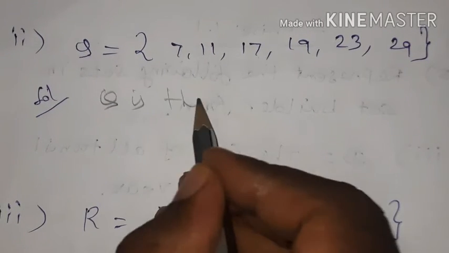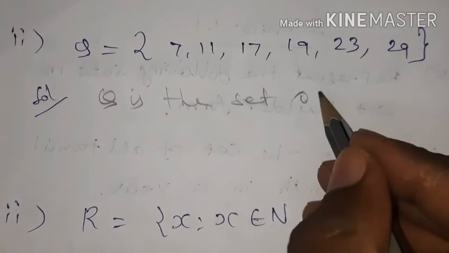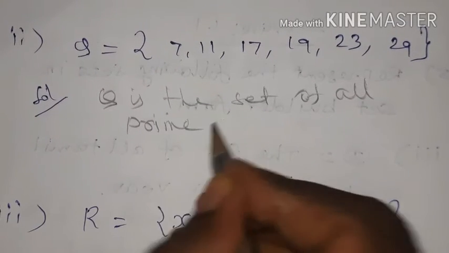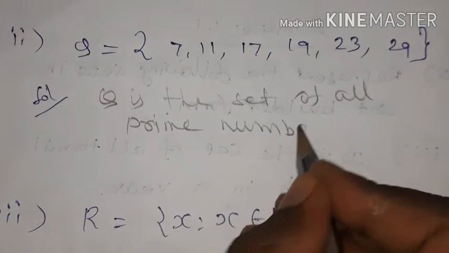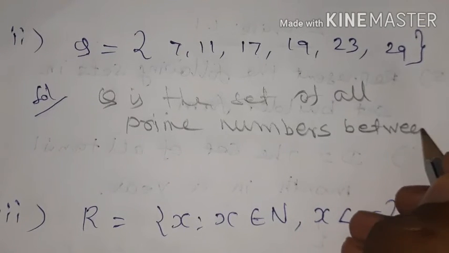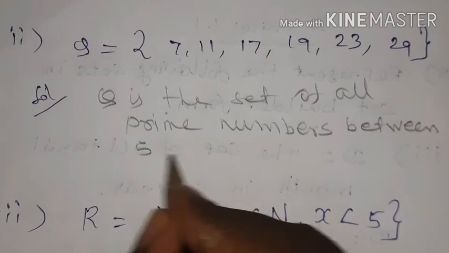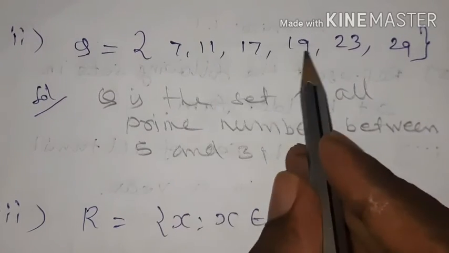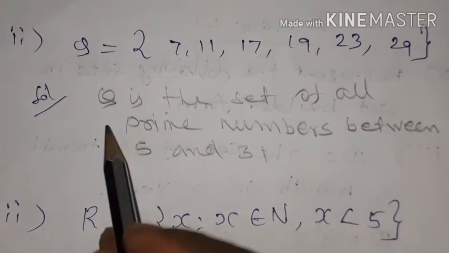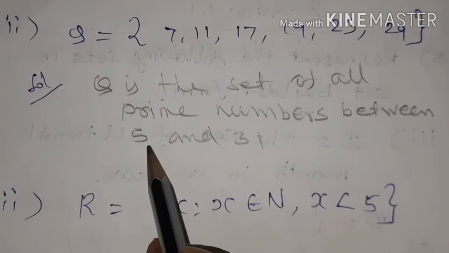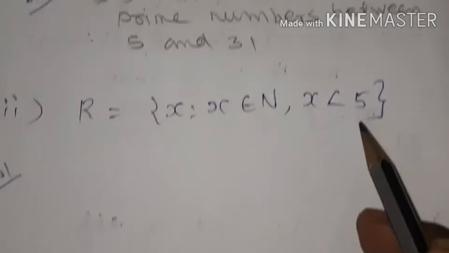Q is the set of all prime numbers between 5 and 31. So 7, 11, 17, 19, 23, 29.